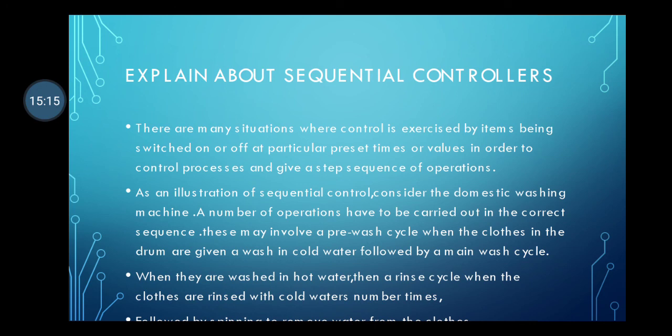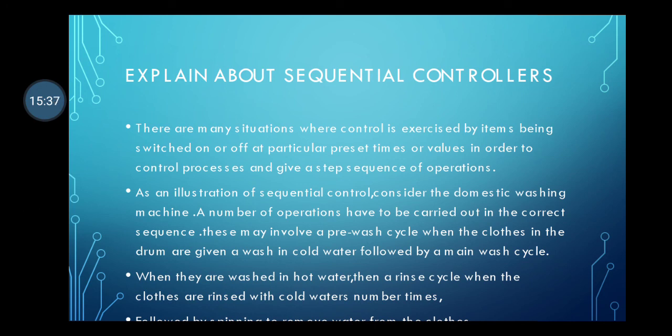As an illustration of sequential control, consider the domestic washing machine. A number of operations have to be carried out in the correct sequence.